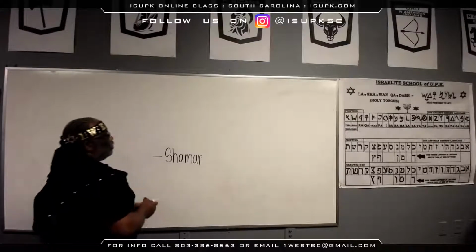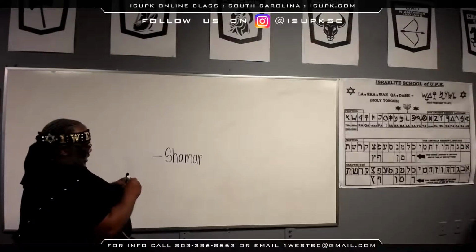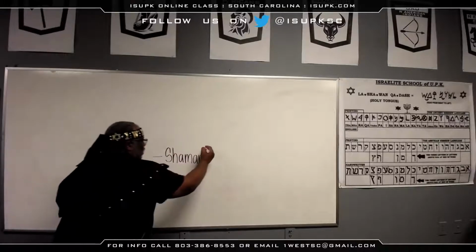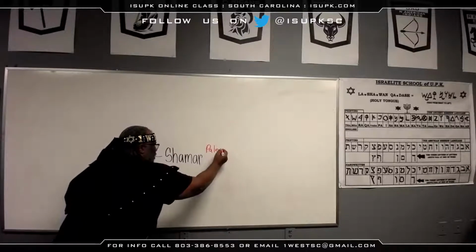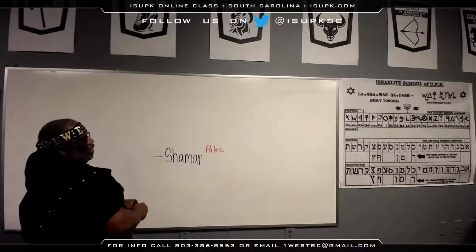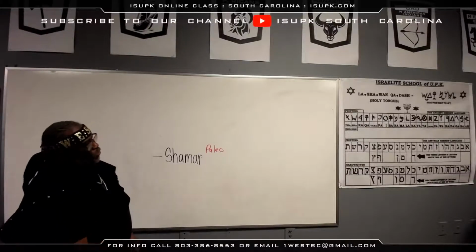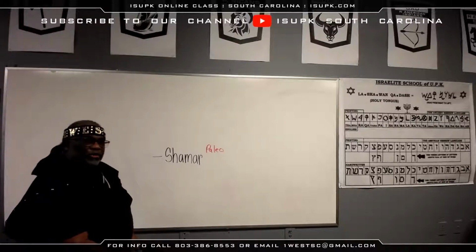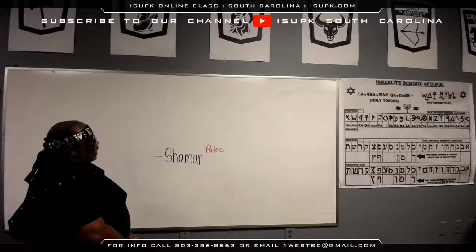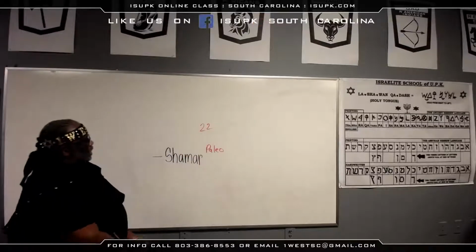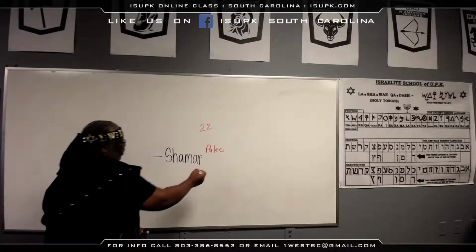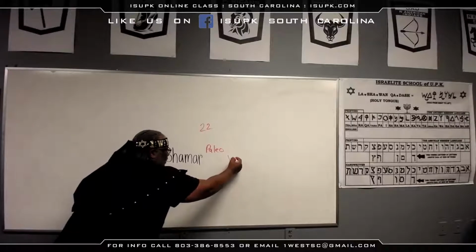We'll do the Paleo in red, like over here. That's the Paleo Hebrew. It has 22 characters to it. The first one, you have one that looks like this.